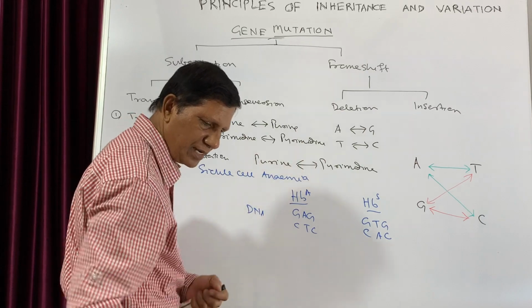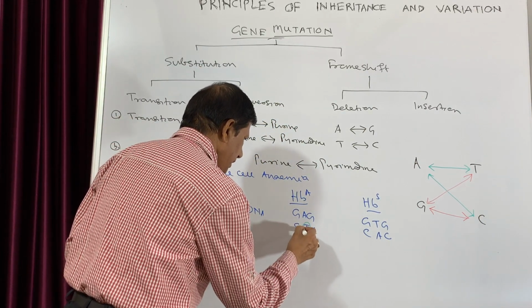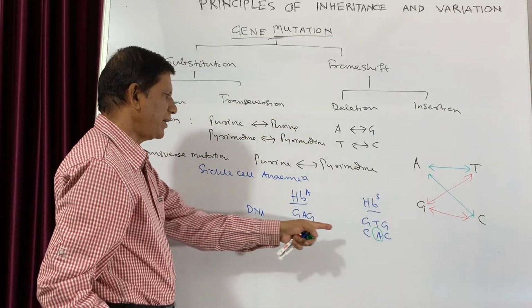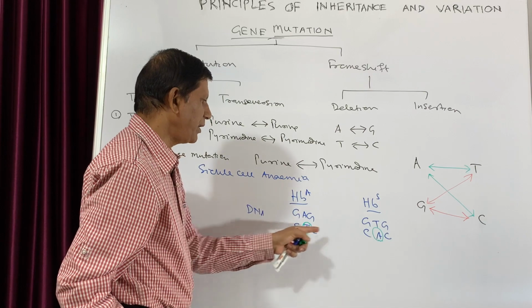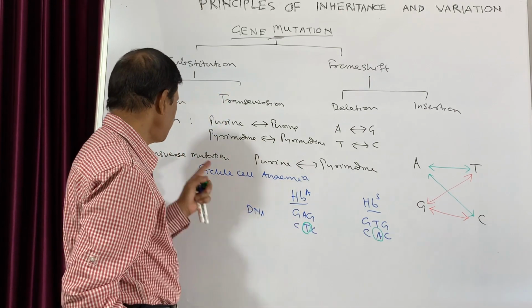The only change is this T is replaced by A. That means T, thymine, is a pyrimidine, and this is a purine, that means pyrimidine is replaced by a purine, so this is transversion mutation.